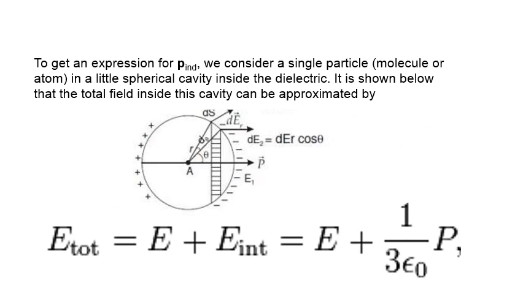To get an expression for P induced, we consider a single particle, a molecule or atom, in a little spherical cavity inside the dielectric. For this, the total field can be calculated as E plus E internal.